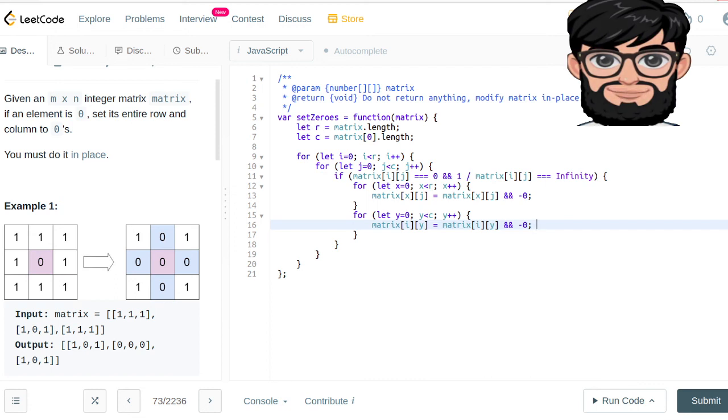So that should be done. We don't need to return it. Yes, we are not returning it.